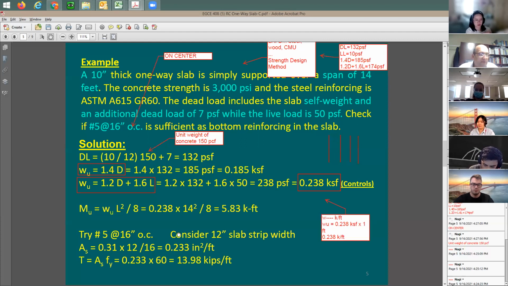Now let's look here at the reinforcing. You have number 5 at 16 inch, meaning the spacing from one rebar to the other one is 16 inch. And your width is only 12 inches.